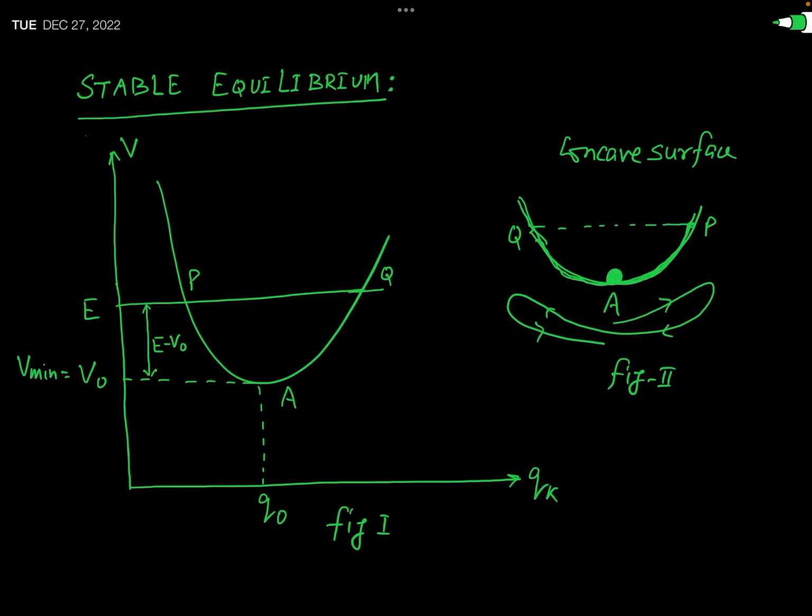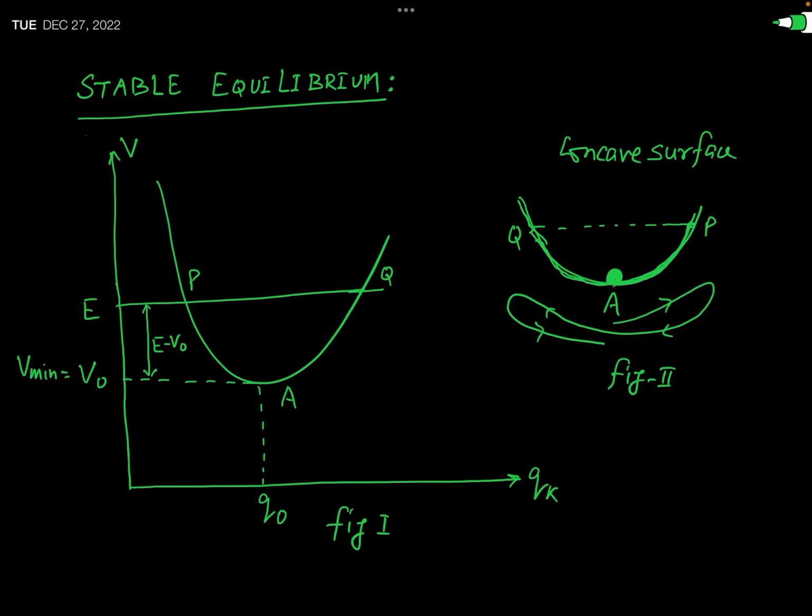So in this way you can see that our particle will in fact make motion about this point A, and whenever you displace this particle from this position A slightly aside, then there will be a bounded motion, not unbounded. This type of motion is called a bounded motion.